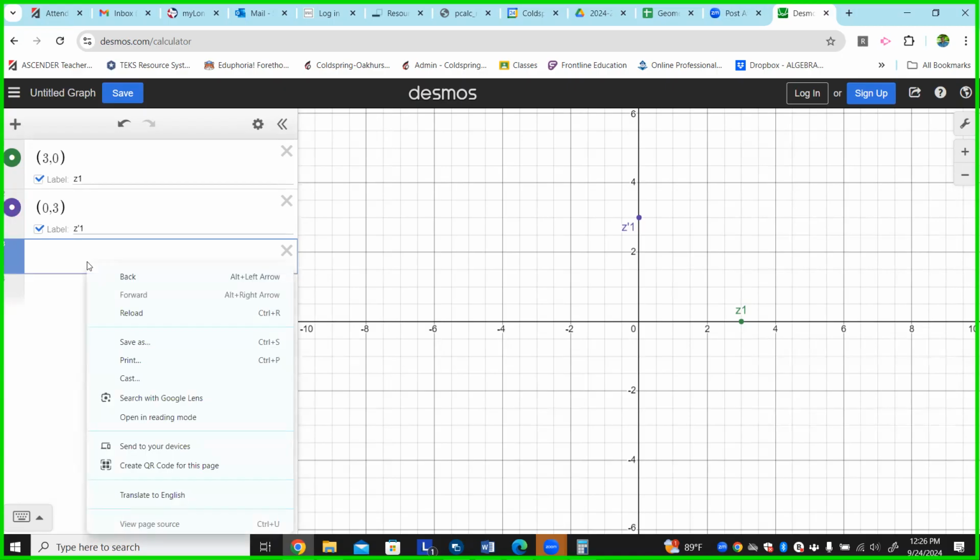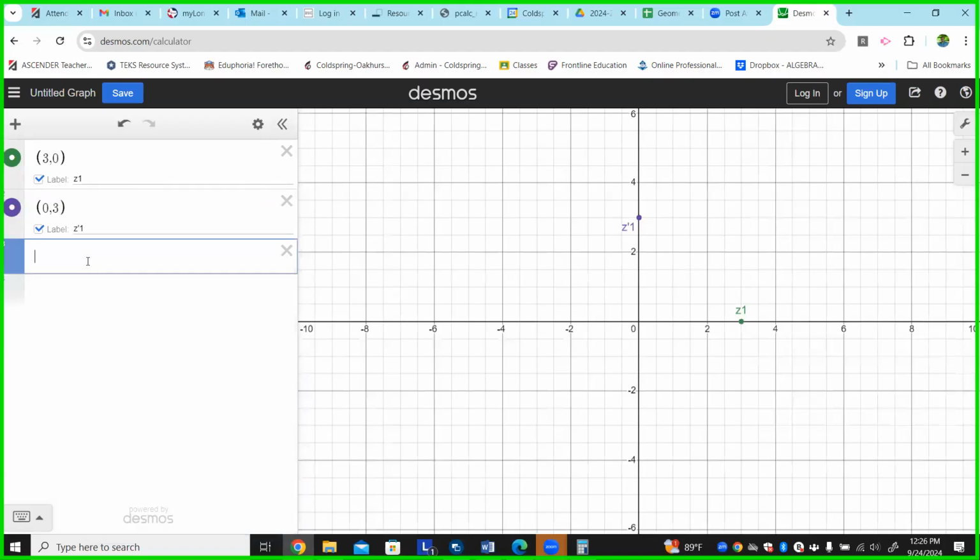This is what y'all got graphically for that first one. Did you originally start there and then land here? Okay. What's the coordinate for 2i? Okay. Keep it going.